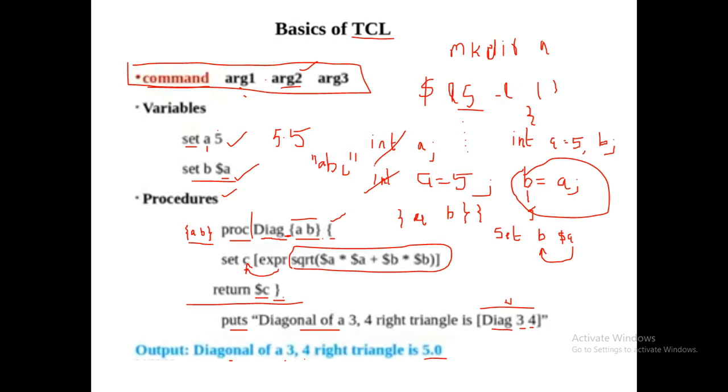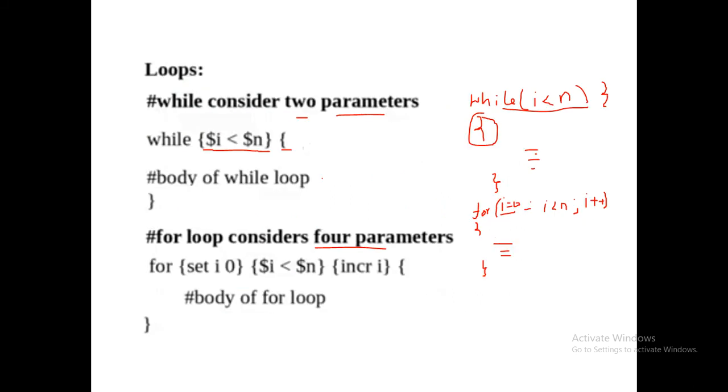With set, similarly here we say set I 0, so I equal to 0. This is your first argument: for, open flower bracket, set I space 0. Spacing is very important, you have to give space. Then close it with the flower bracket, again space.